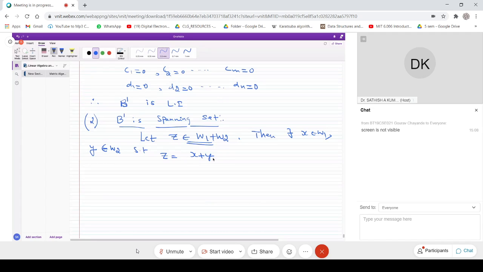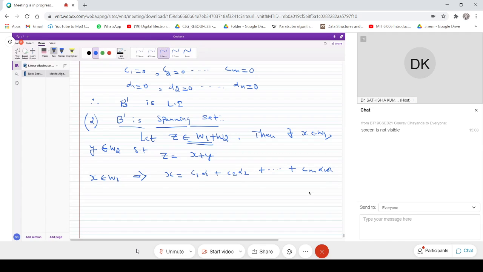So z should be expressed as a vector in w1 plus a vector in w2. But what we know is that w1 and w2 have bases. So if we assume that x belongs to w1, then x can be expressed as a linear combination of the vectors in w1: c1 alpha 1 plus c2 alpha 2 plus etc. cm alpha m, because alpha 1, alpha 2, etc. alpha m are in w1.